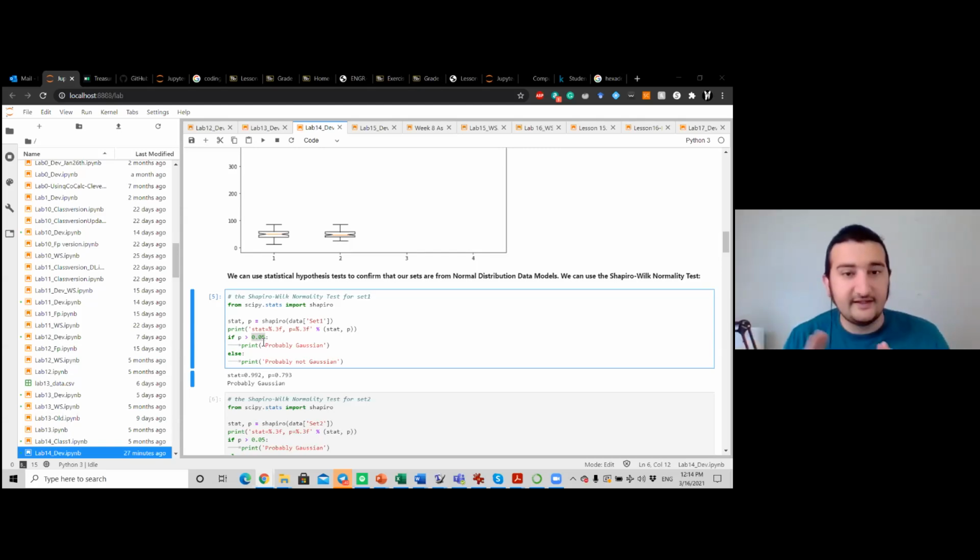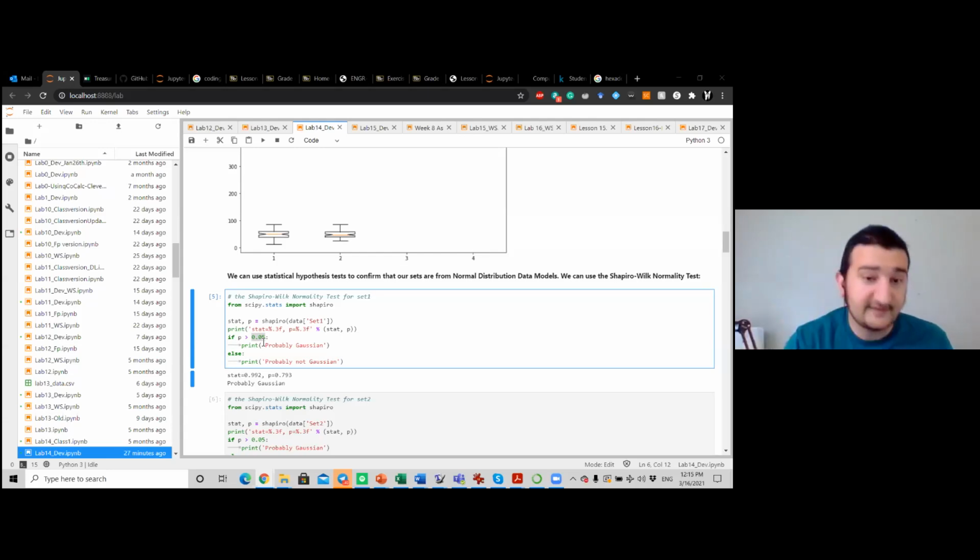Basically, what we just said is, if I increase the alpha or the significance level, I'm going to reduce my confidence level. So if I go from 0.05 to 0.55, I have reduced my confidence in the conclusion that I'm going to make.